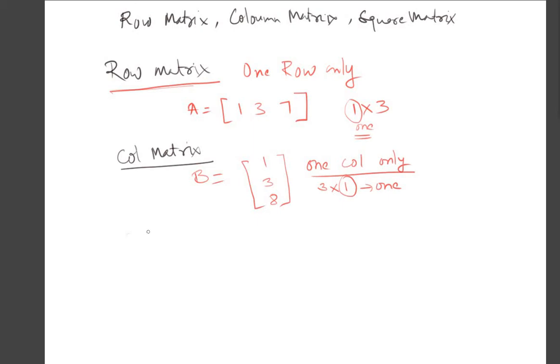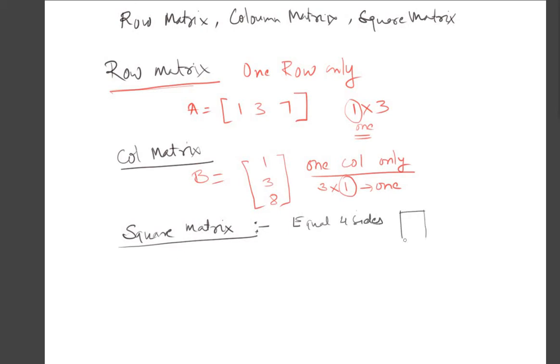Let us now talk about square matrix. What is a square, Joseph? Square has equal sides. 4 sides, 4 equal sides, right?